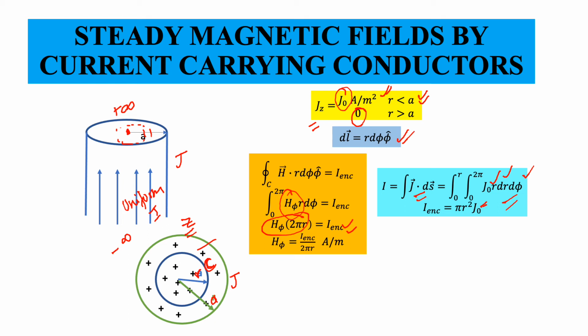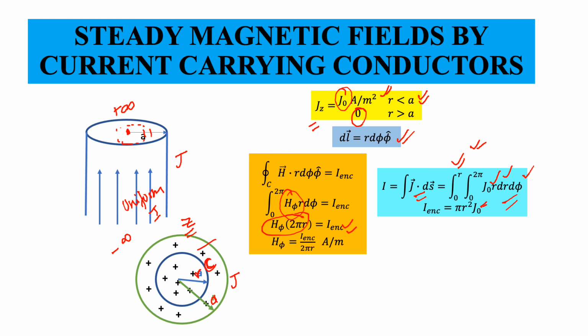Integrating over the limits, r from 0 to r and phi from 0 to 2 pi, you can show that the current is equal to pi r square, which is the area of this hatched area, times J naught.